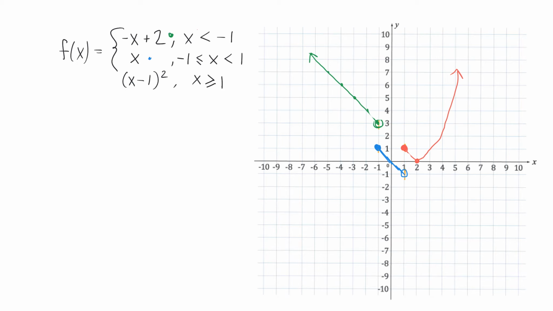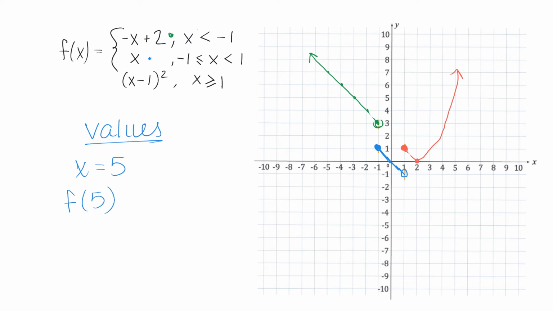So the next level of this is we're going to start looking for values. Now, when we talk about values, if I want to know what's happening when x equals 5, the way I ask that is I'm going to say f of 5, right?